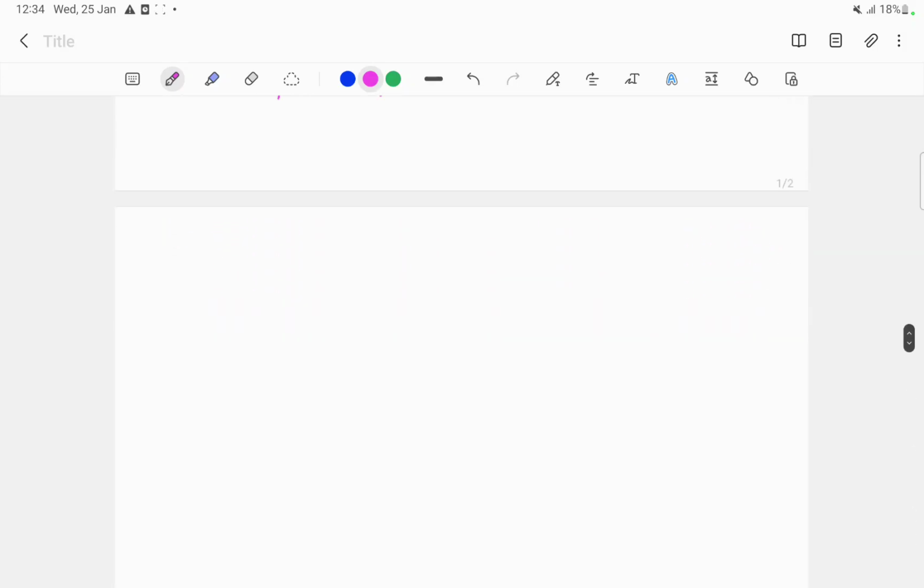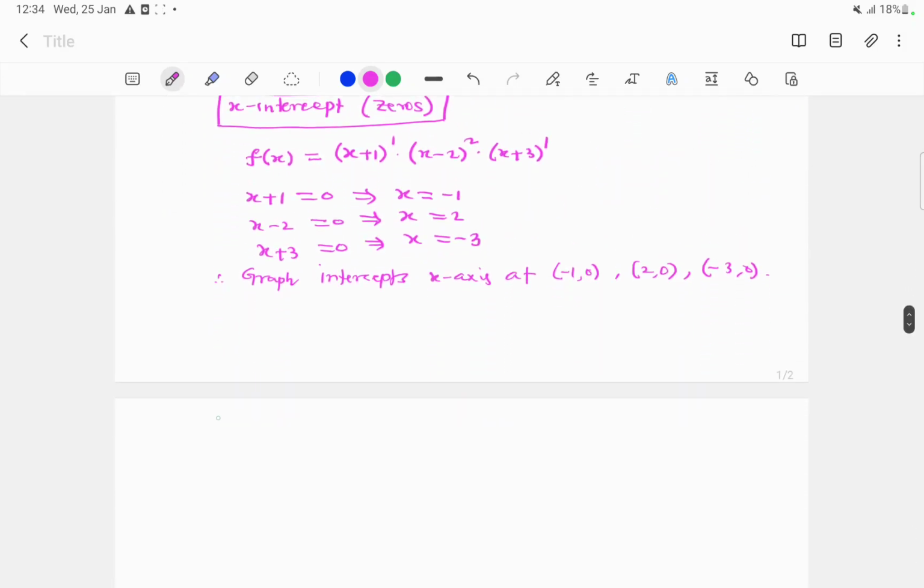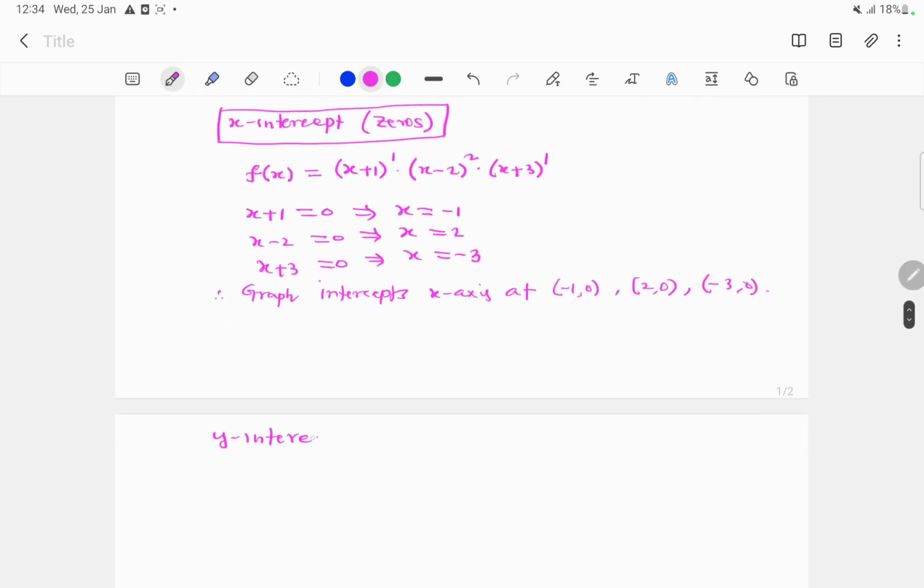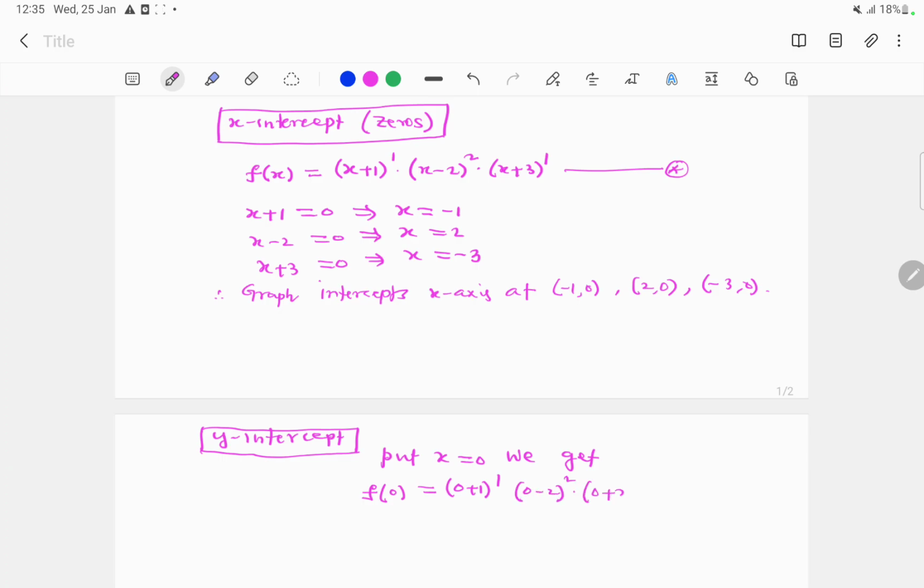Now we look at the y-intercept. This gives us information about where the graph crosses the y-axis. The only way, always, is to put x equal to 0. If we put x equal to 0 in the expression, we get f(0) equals (0 plus 1) to the power 1 times (0 minus 2) squared times (0 plus 3) to the power 1.